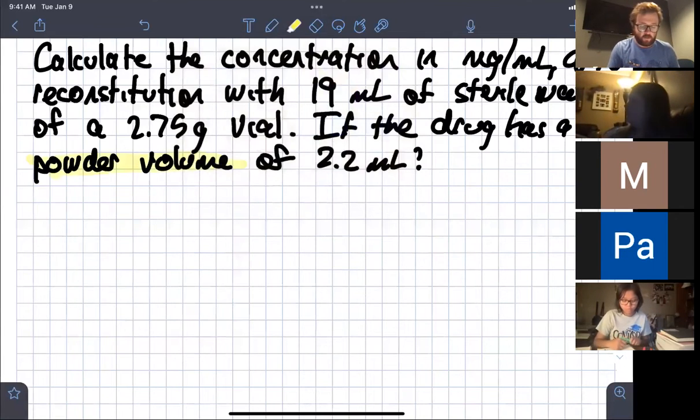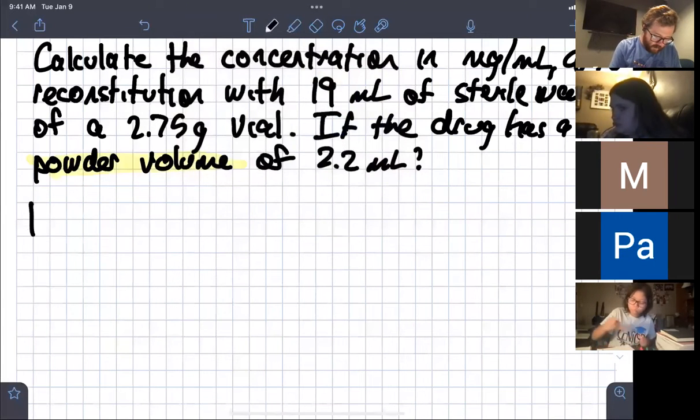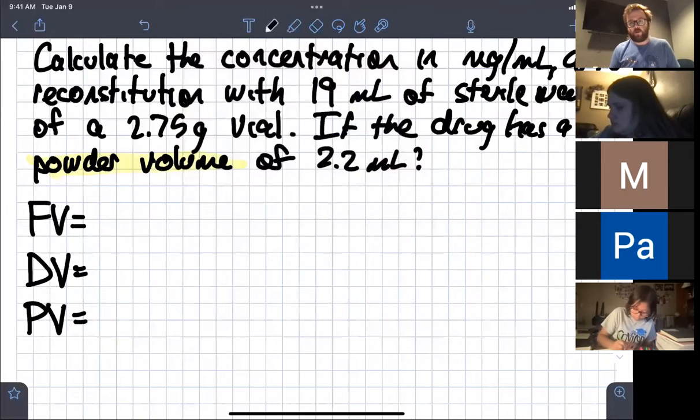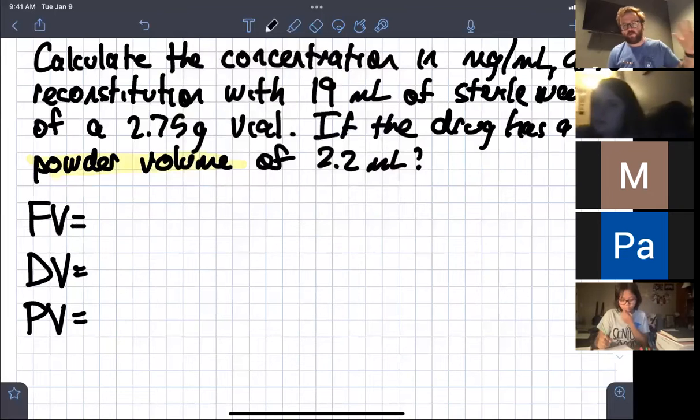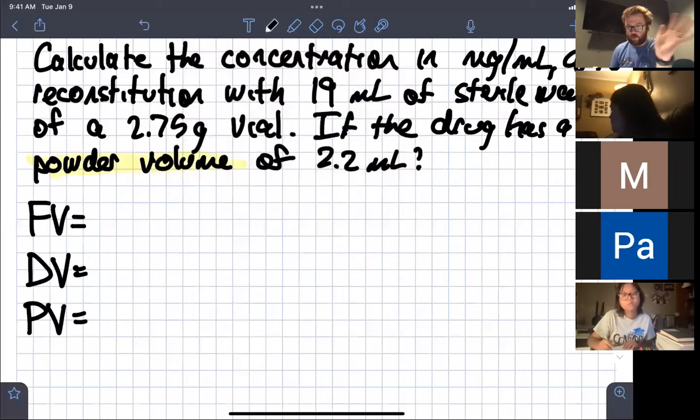On every powder volume problem, I want you to write FV, DV, PV. If you remember the equation, FV is equal to PV plus DV, right? So just those 3. That's the only thing you need.